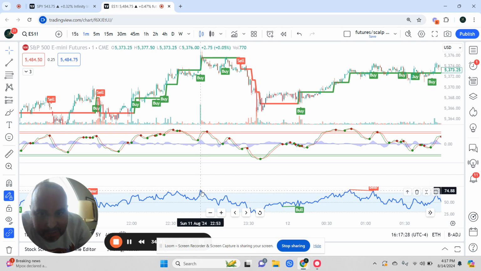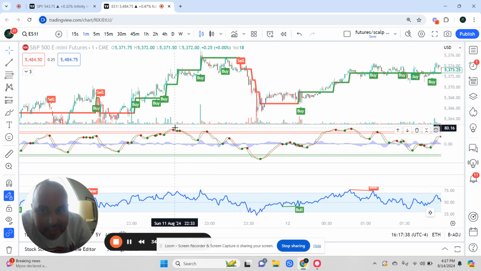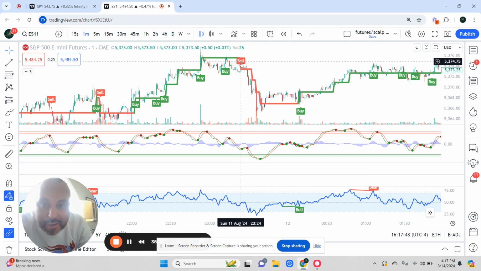Kind of here, right? We're at extremes here on both the RSI and the wave trend indicator. However, we don't yet have the sell signal.